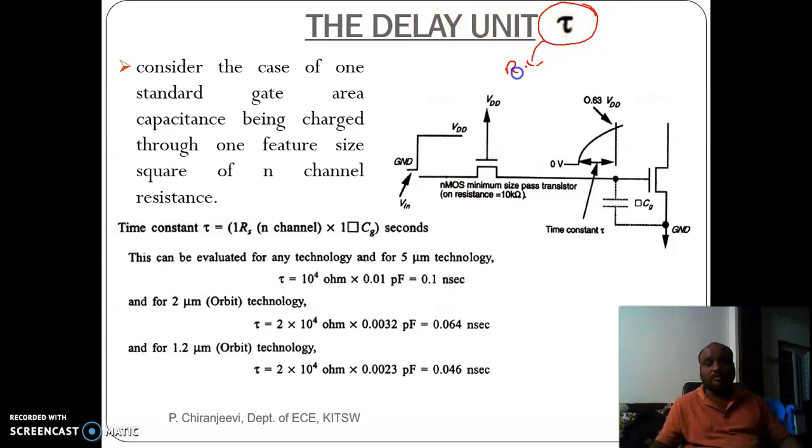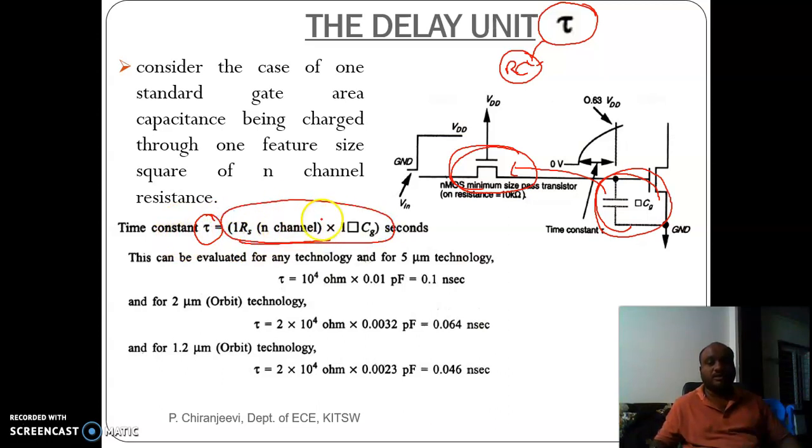otherwise called the time constant, is given by RC for a given standard unit of capacitance charged through an N-channel MOS transistor. We derived its time constant as the product of the sheet resistance multiplied by a standard unit of capacitance, which for a 5 micrometer technology was done with the sheet resistance standard value as 10 power 4 and the standard unit of capacitance as 0.01, and the delay time resulted as 0.1 nanoseconds.